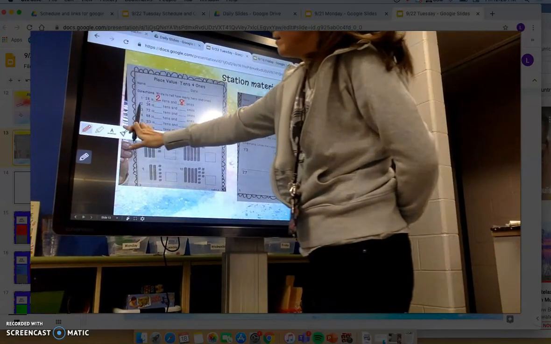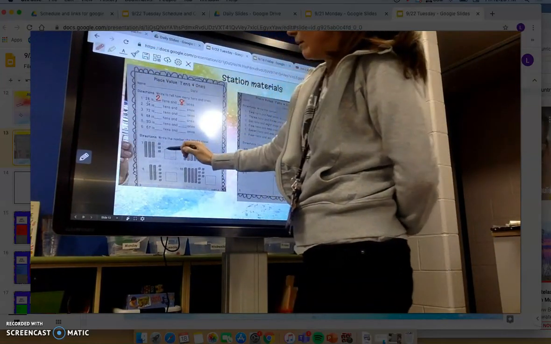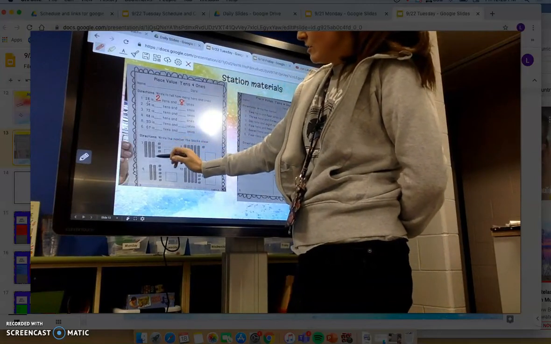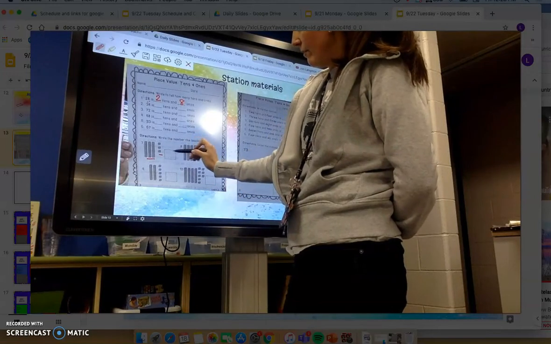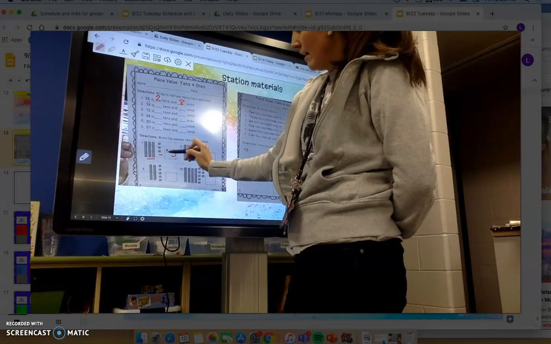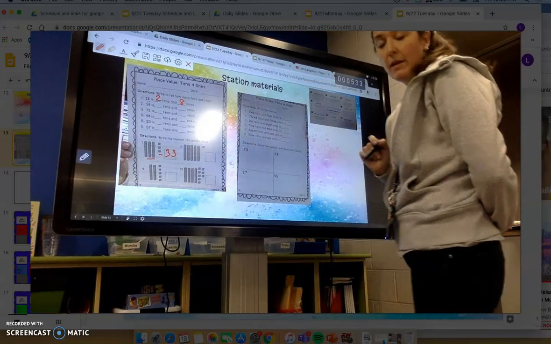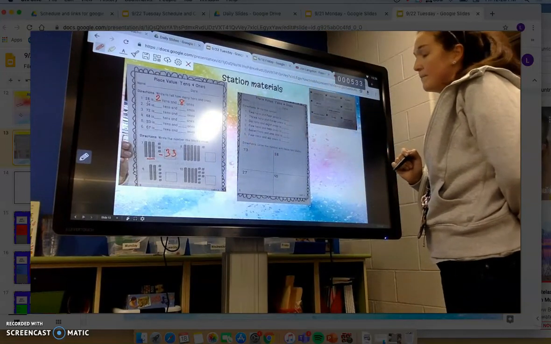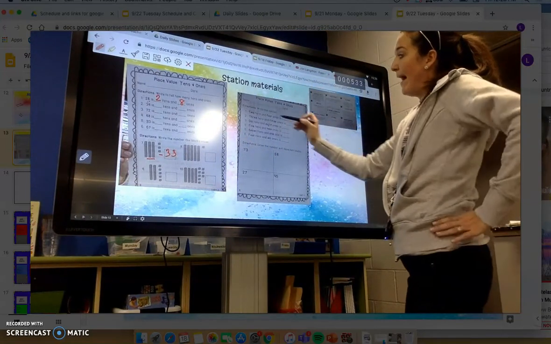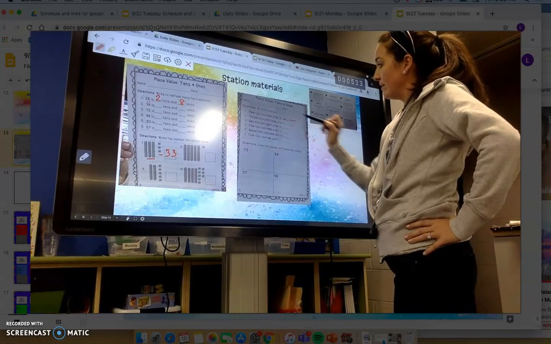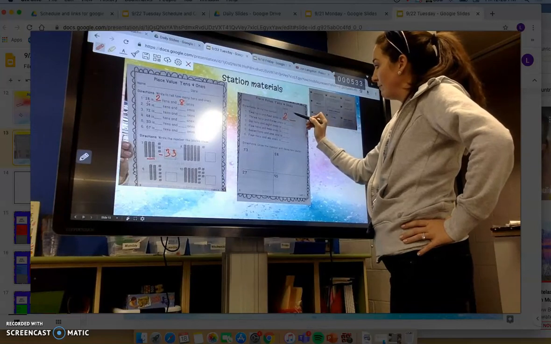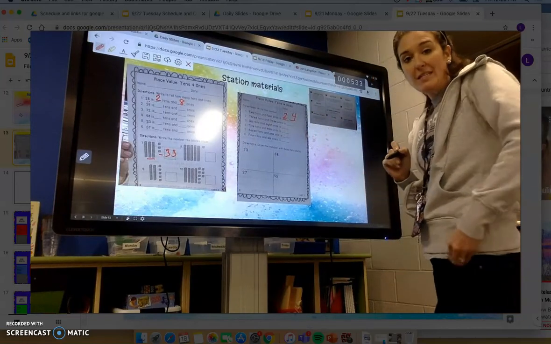Down here at the bottom of the first page, you will record what number this is. So you can break it down and look at how many ones and how many tens. We have 3 ones and 3 tens. The number's 33. Okay. On the back, 2 tens and 4 ones. So you think of your place value, 2 in the tens, a 4 in the ones. That number's 24.